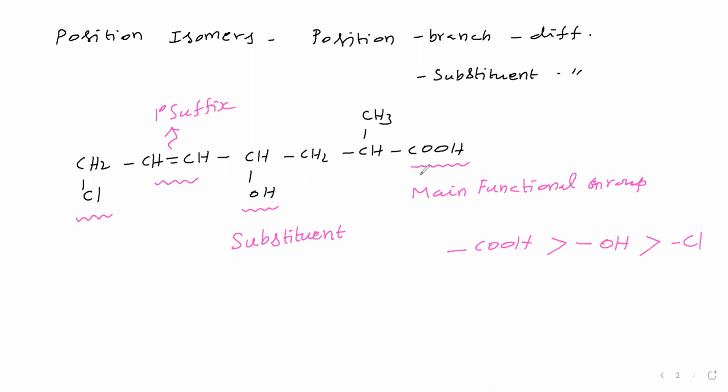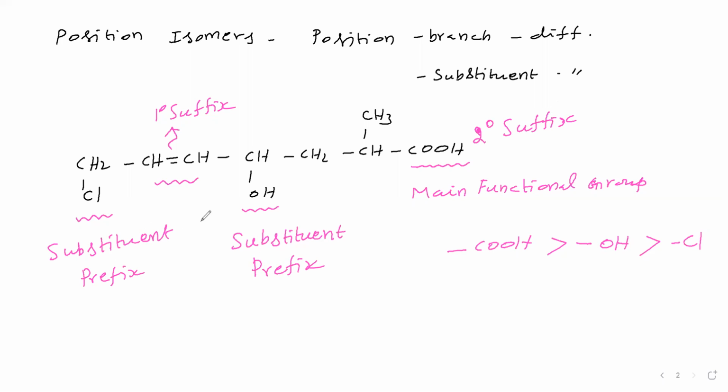The one with higher priority is the main functional group; the rest are substituents. Therefore Cl is also a substituent. Substituent name always comes under prefix. Main functional group name comes under secondary suffix.